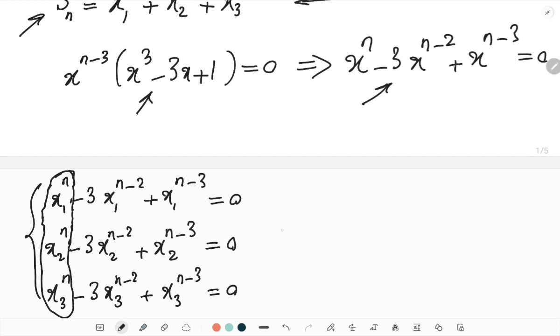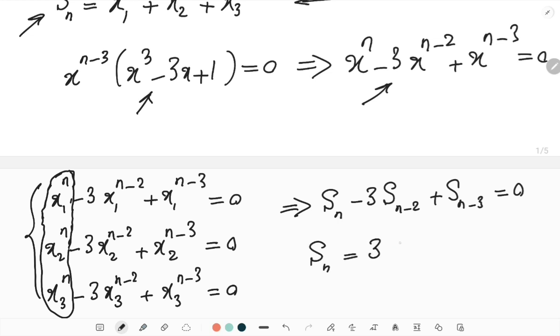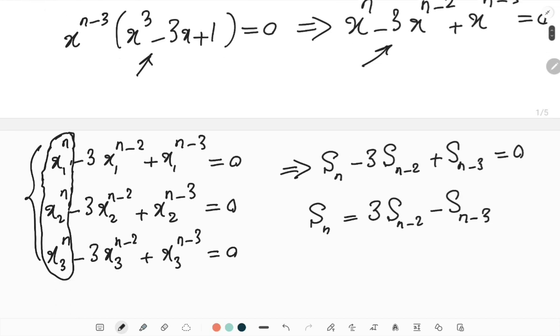So if I do that, then the relationship which I get is this: Sn - 3Sn-2 + Sn-3 equals 0. Or in other words, I can say Sn equals 3Sn-2 minus Sn-3. Okay, this is very nice. By the way, n should be definitely greater than or equal to 3.